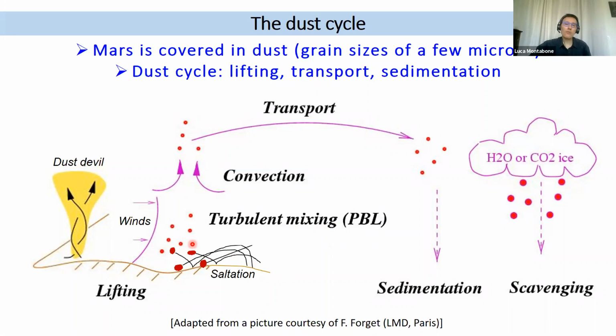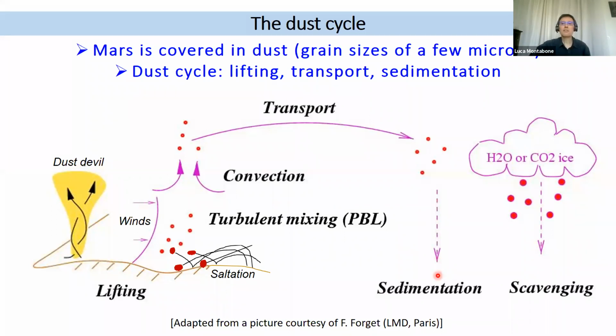Then convective phenomena bring these dust particles even higher in the atmosphere. At that point, the large-scale winds in the mid-atmosphere can trap these particles and move them until gravity acts on them, so that they sediment back to the ground little by little.